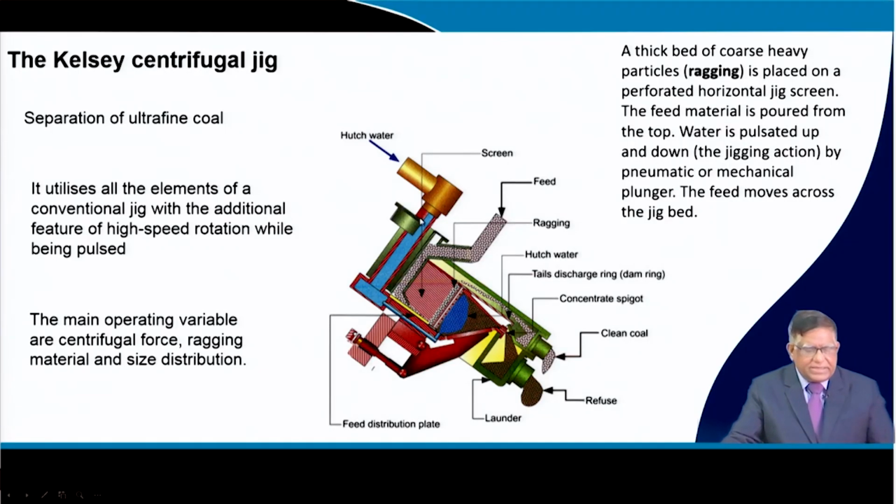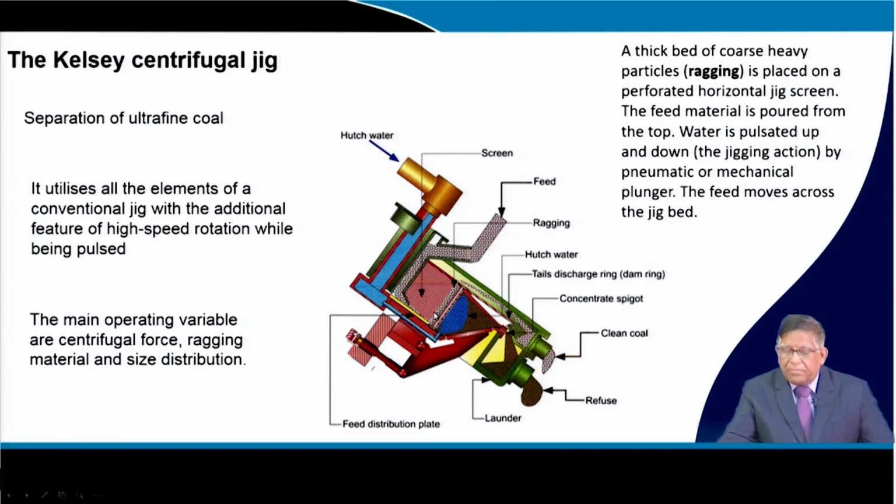As for the construction, your feed material is coming over here. When it goes on, there is the ragging part, where a thick bed of heavy particles is kept, and when the feed material goes over this, it gets concentrated, and the clean coal comes out over here.